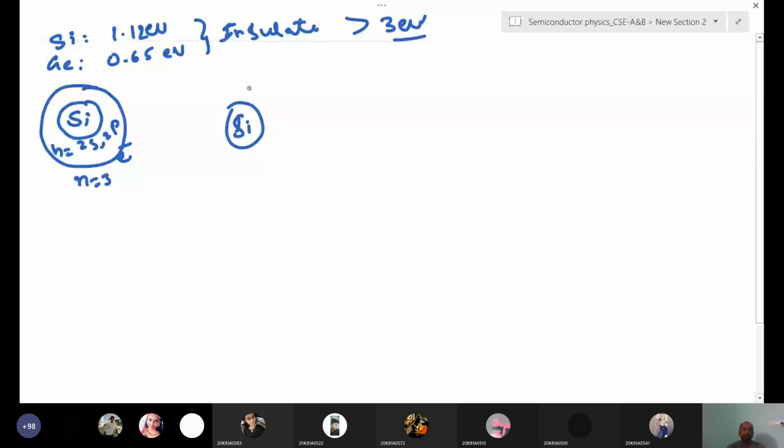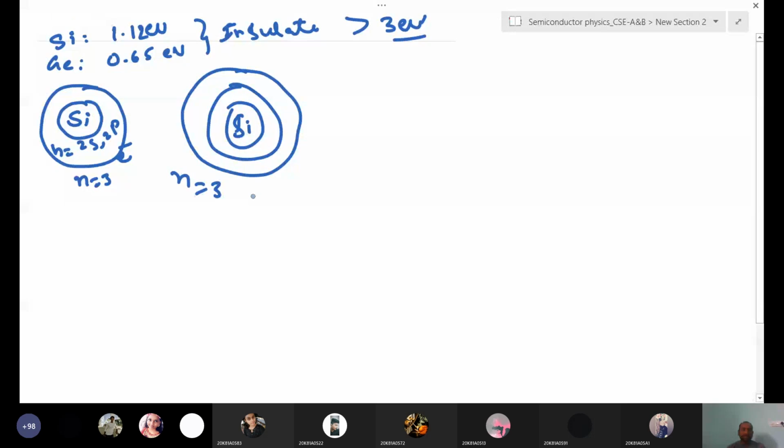Suppose this is n equal to 3, we have 3s2 and 3p2, that means 4 electrons are available.